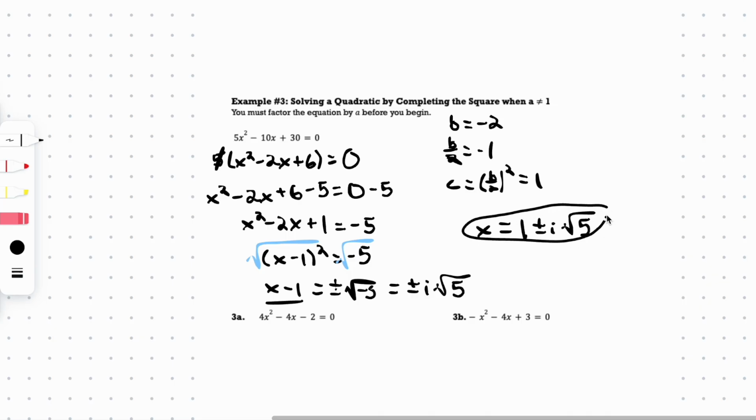Now, one thing I'll say is when we're graphing this, we have i. And so our solution, x equals 1 plus or minus i root 5, is going to be imaginary, of course, because i is imaginary. Just to make sure, once you get an answer, check if it logically makes sense.